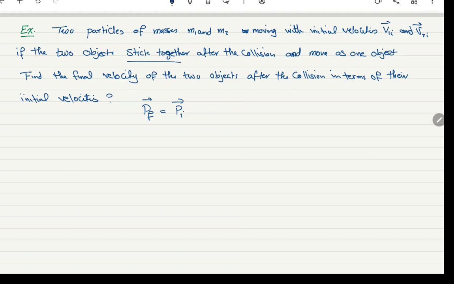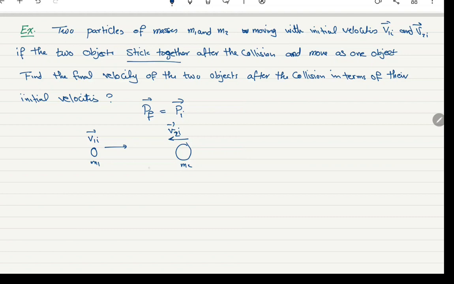Now let's have here m1 and here m2, with velocities v1 initial and v2 initial, this one here, and this one v1 initial directed this way.